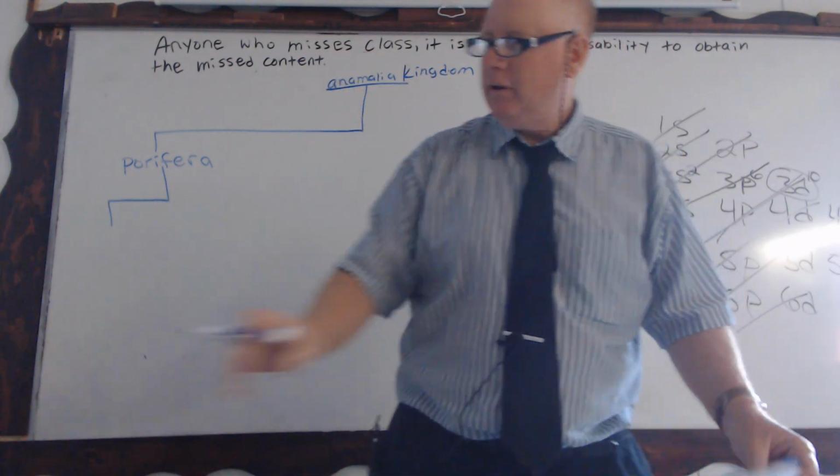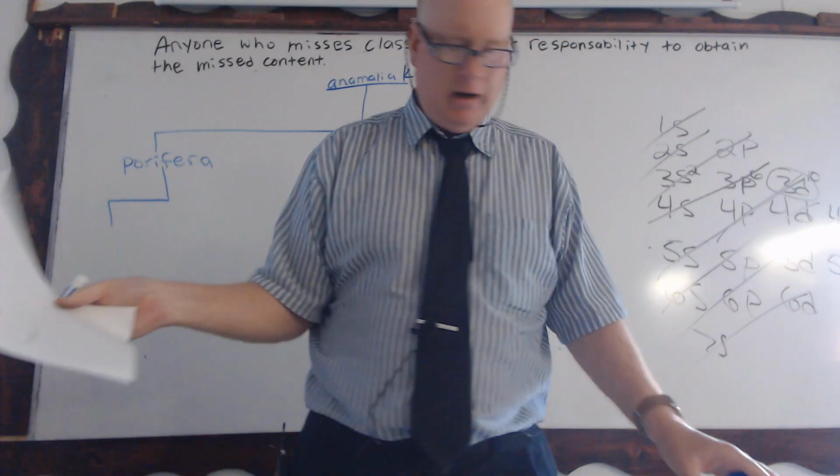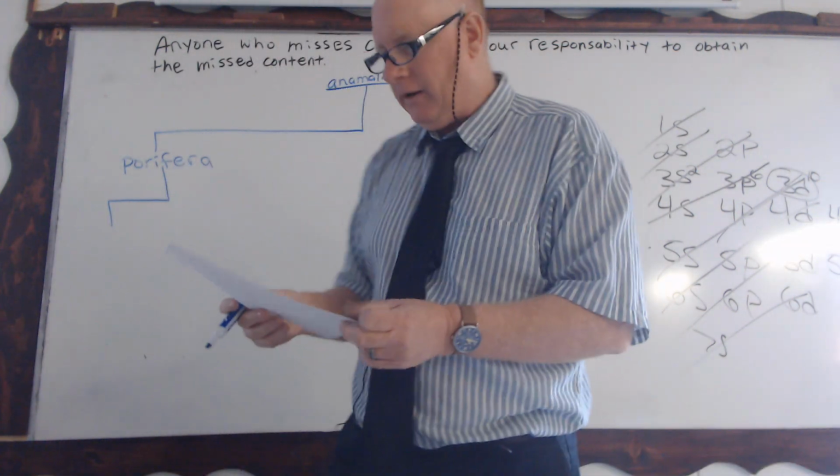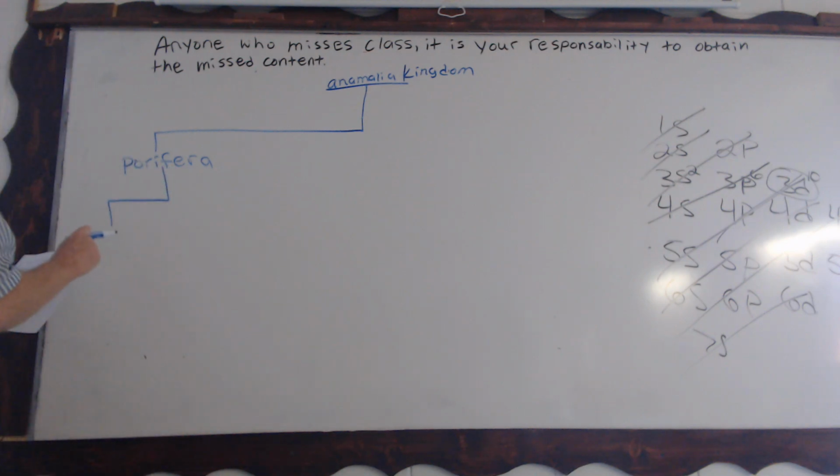Your vocabulary looks like this, of course. Then on the backside, you have this handout. So we have a class, Calcarea, then.